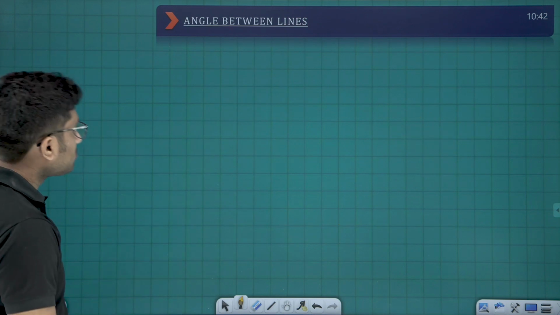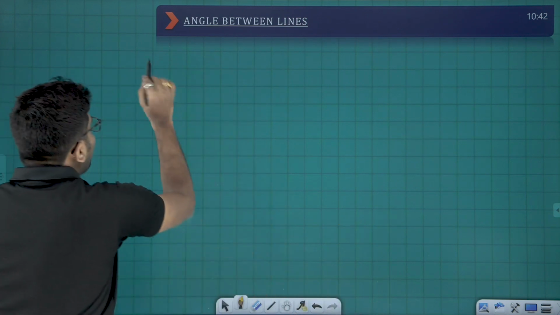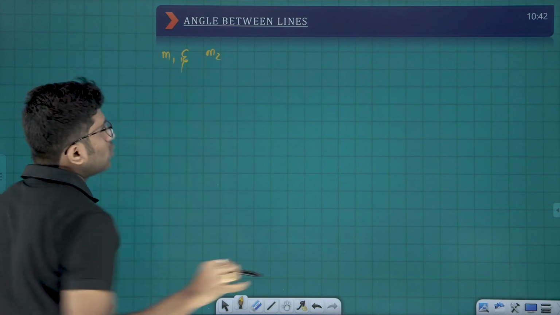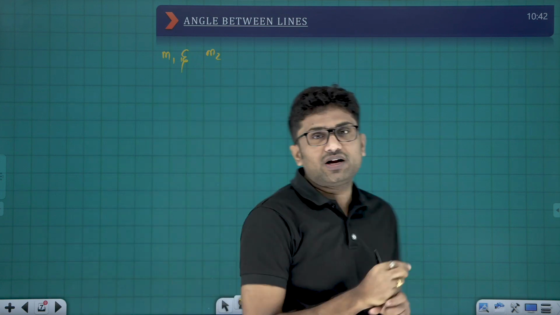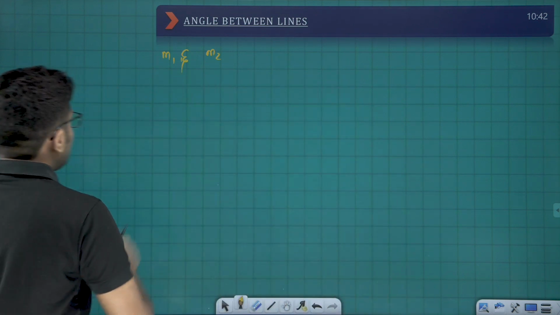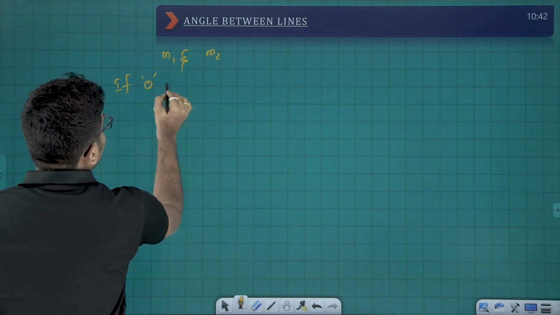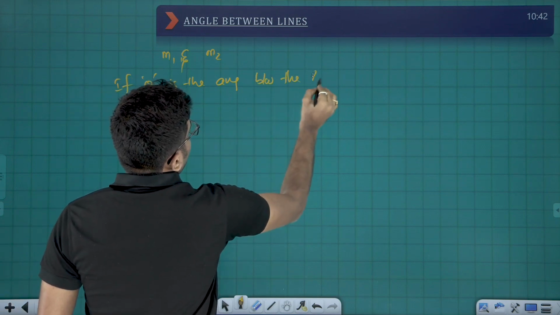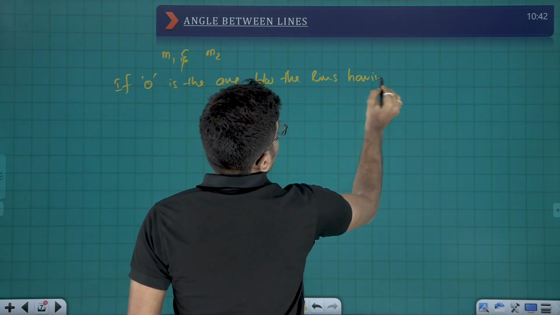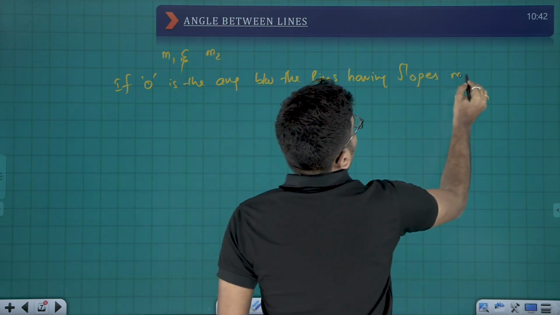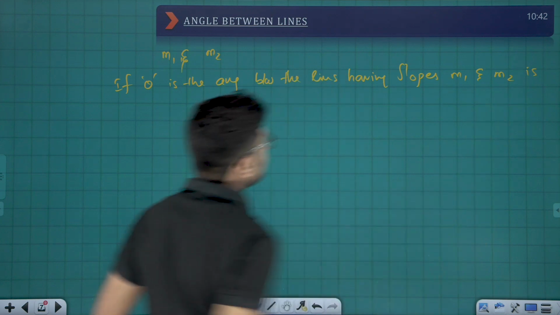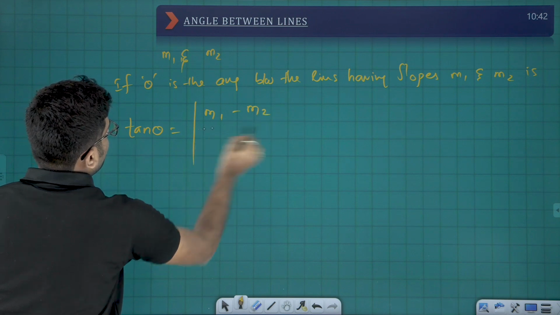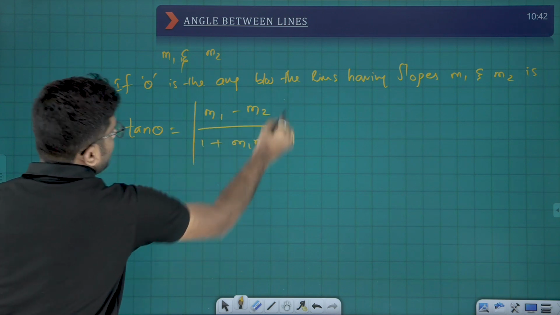Okay. Next, angle between two lines. The angle between two lines having slopes m1 and m2: if there are two lines, one having slope m1 and the other having slope m2, and if theta is the angle between them, then tan theta is equal to modulus of m1 minus m2 divided by 1 plus m1 m2, if theta is acute, friends.